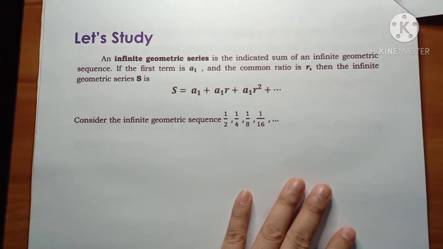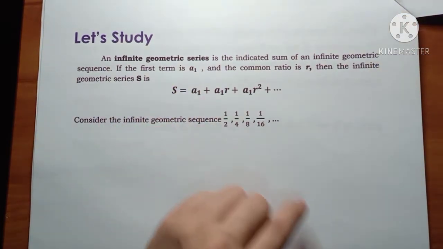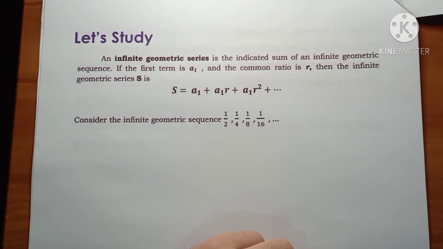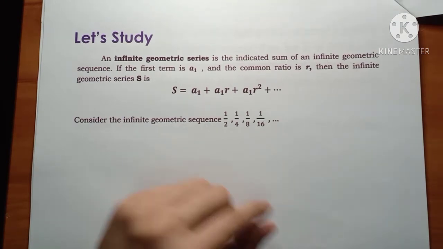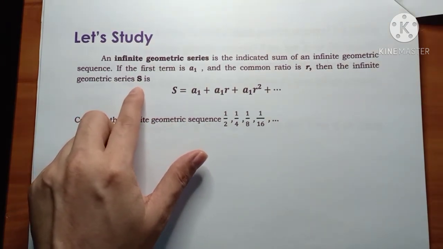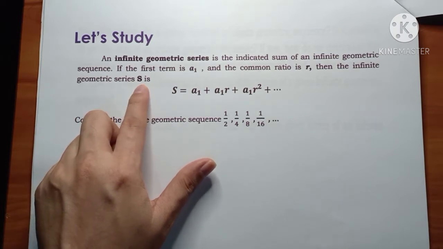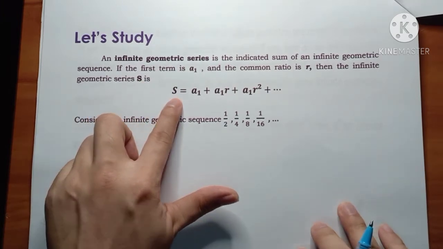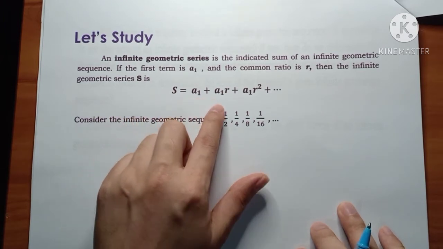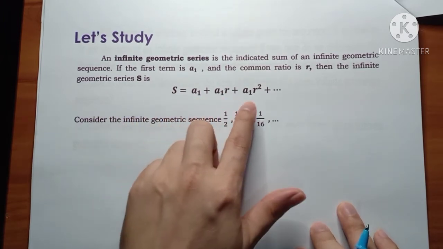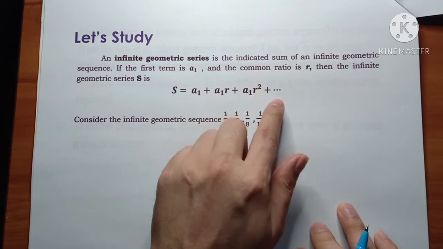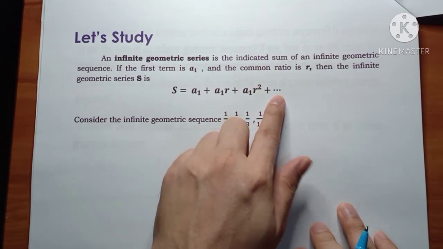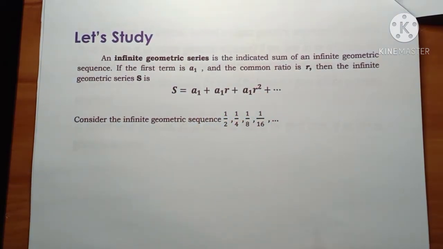So, if the first term, which is a sub 1, and the common ratio is r, then the infinite geometric series S is, bakit wala siyang sub n? Kasi infinite. So, hindi natin alam kung hanggang ilan yung ating terms. So, kaya wala tayong n. Yung S natin is equal to a sub 1 plus a sub 1 times r plus a sub 1 times r squared plus and so on. Kasi yung ellipsis, sabi ko hindi natin alam kung hanggang ilan yung ating terms.